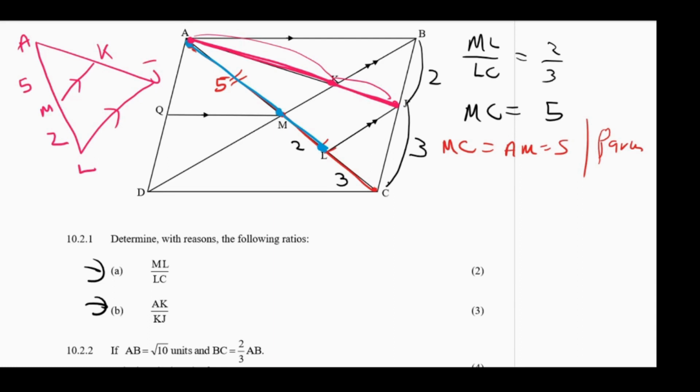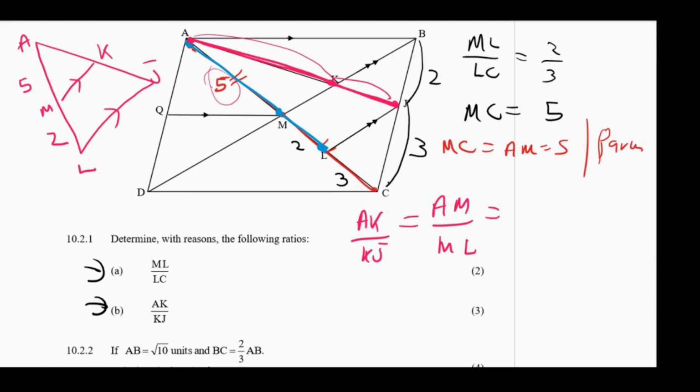So you can simply say AK over KJ is equal to AM over ML, equal to, so AM is equal to 5, right?